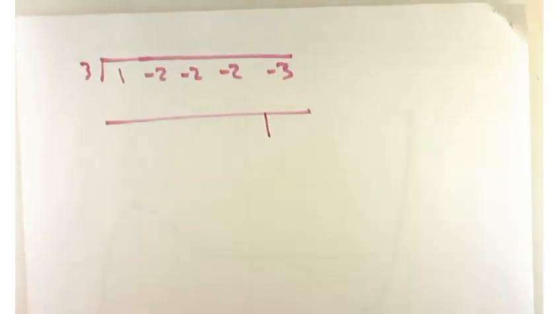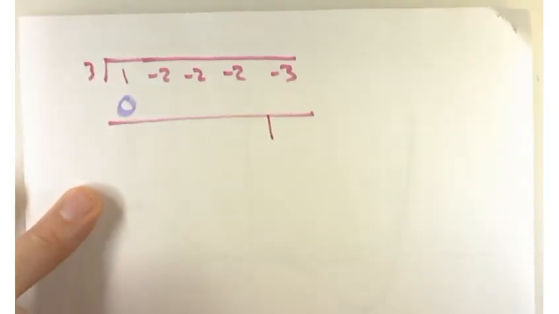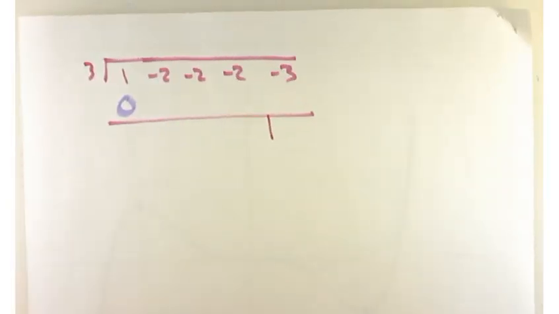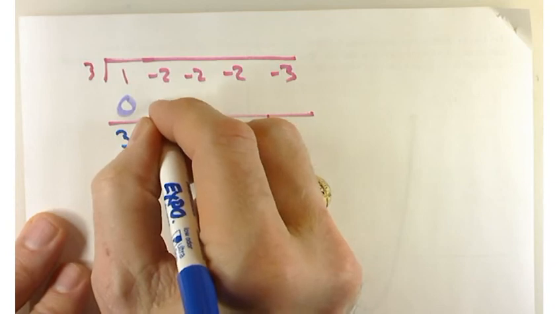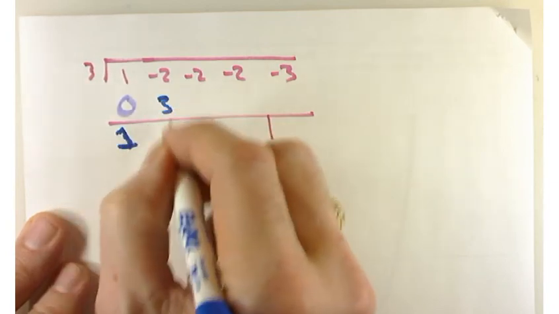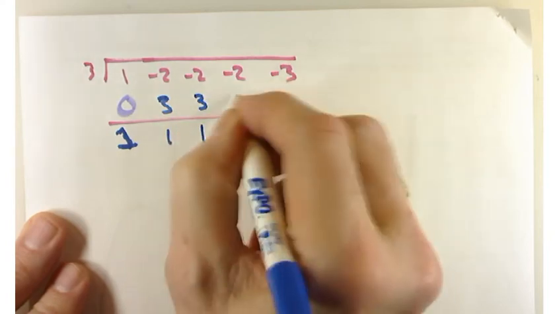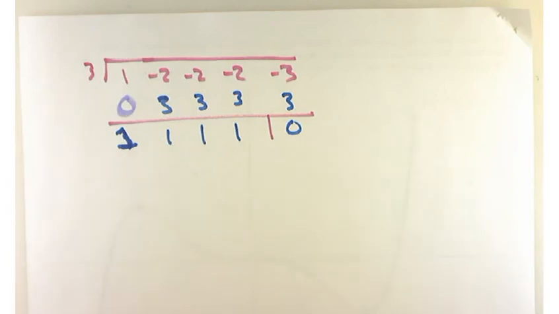As I was mentioning, we'll put a 0 underneath that 1, just a little placeholder to get us going. And then from there, it's just add, multiply. It's going to be a 1, then a 3. 1, 3, 1, 3, 1, 3, 0. Beautiful.